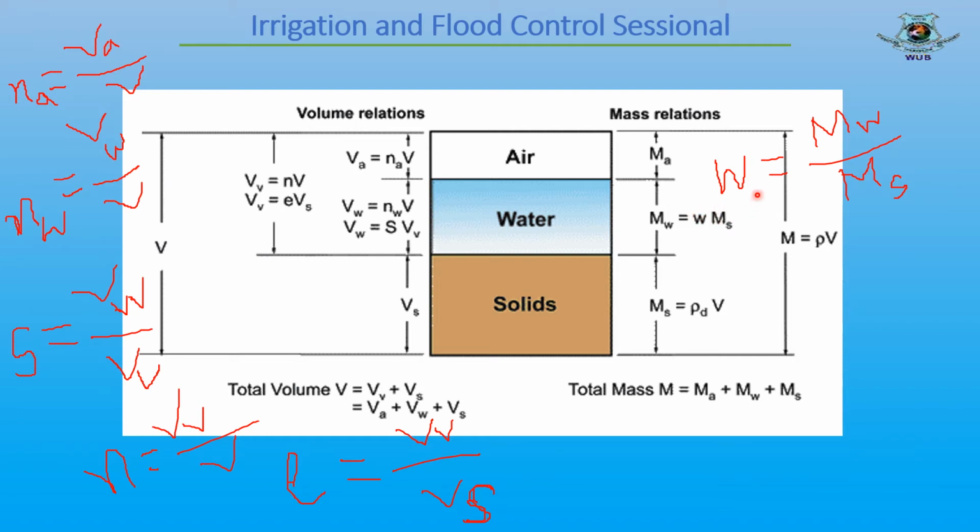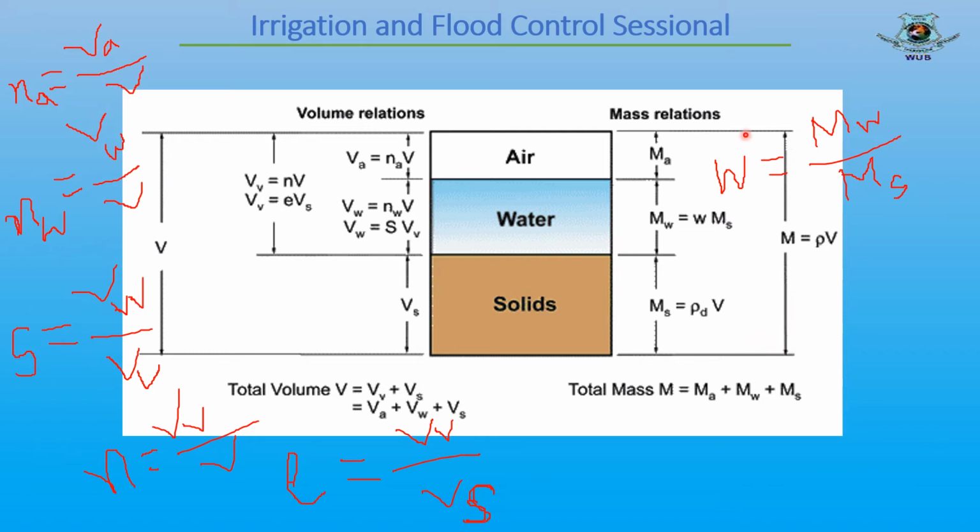We know water content w equal to mass of water divided by mass of soil particles, and from this equation we can write Mw equal to w into Ms, and Ms represents the mass of solid particles and can be written as density of dry soil, that means density of solid particles, into total volume.